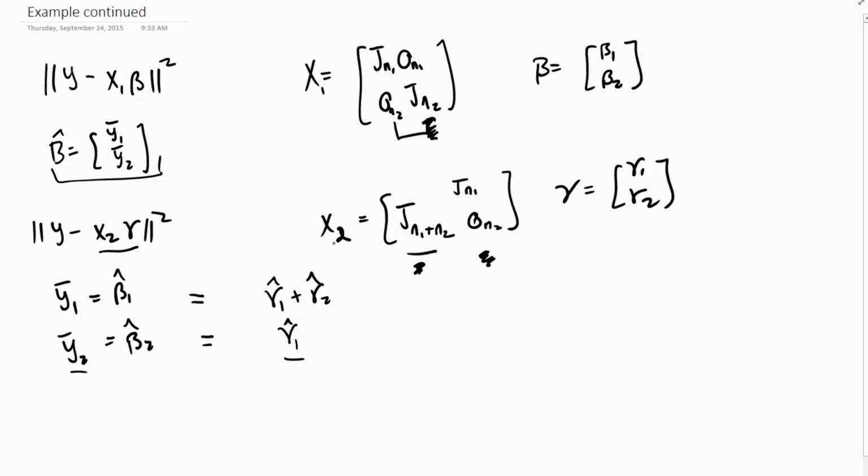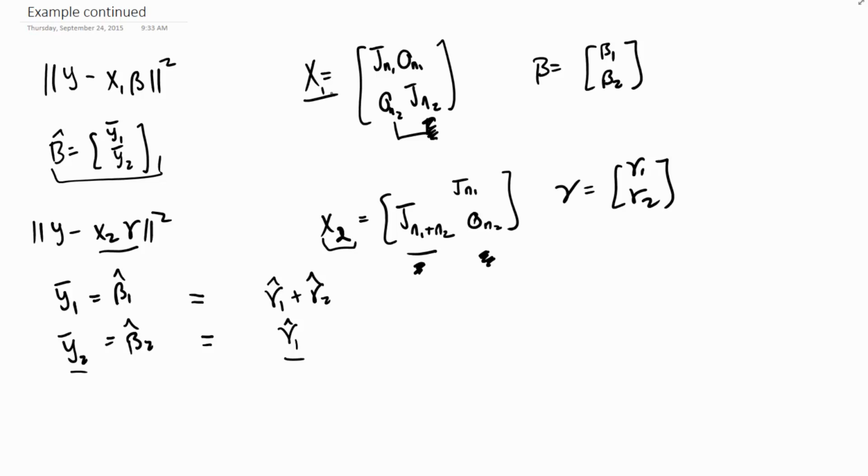We can use that to solve for gamma 1 hat and gamma 2 hat without having to go through the trouble of inverting this matrix. Now it's a 2 by 2 matrix, so it shouldn't be that hard to invert, but suppose you had a harder setting, say 10 columns. This is a common trick in these ANOVA type examples: you can reparameterize to the easy case where you get block diagonal vectors of ones, like in the case of x1, in which case x transpose x works out to be a diagonal matrix and is very easy to invert.